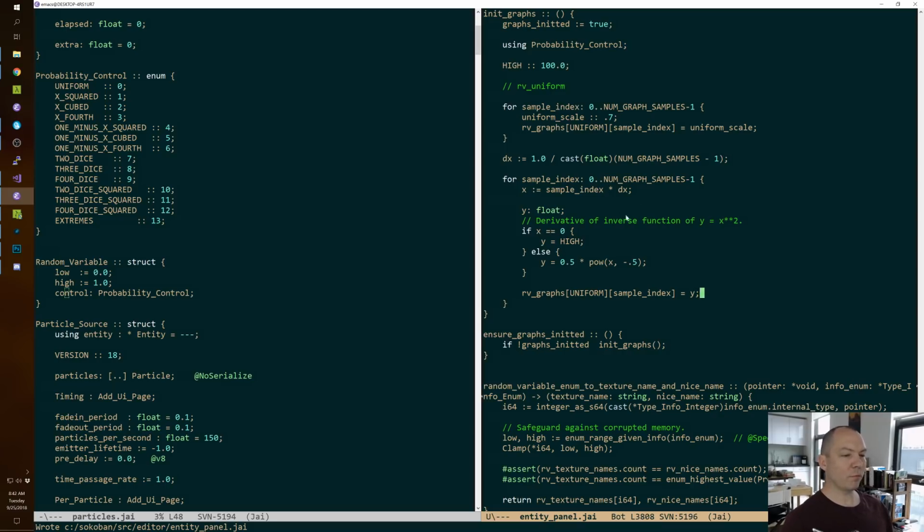This is enough boilerplate. Oh, this is not uniform anymore, this is x squared. You know what? Let's just do all three of these at once. I keep changing my mind about how to do this.